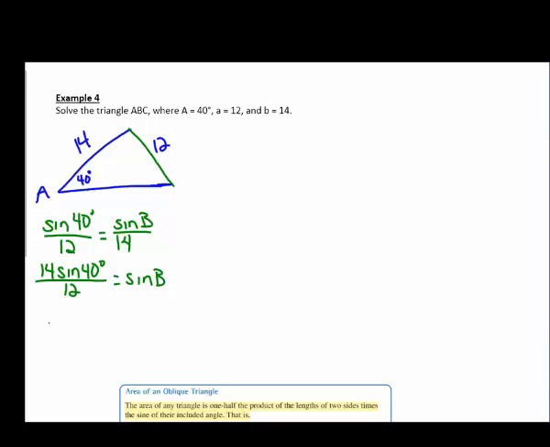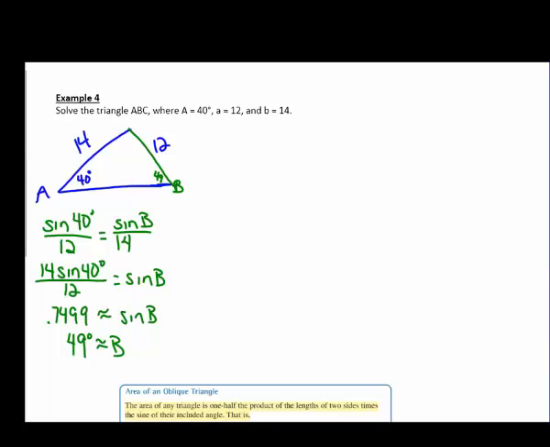So we get approximately 0.7499. And then in order to get angle B, we take the inverse sine of that. I'm just inserting the answer because that will give me the most accurate value for angle B. And that ends up being about 49 degrees, because I'm rounding to the nearest whole. So my angle B can be 49 degrees.